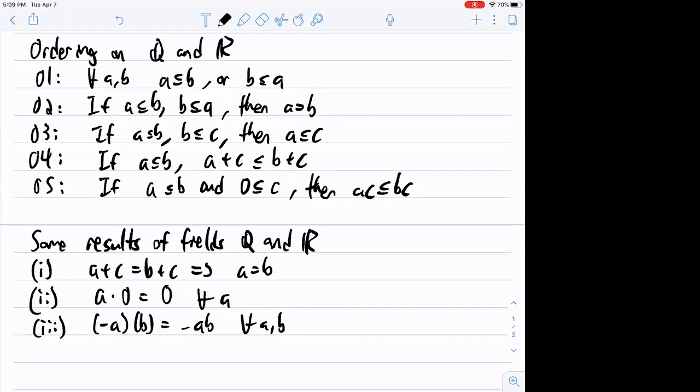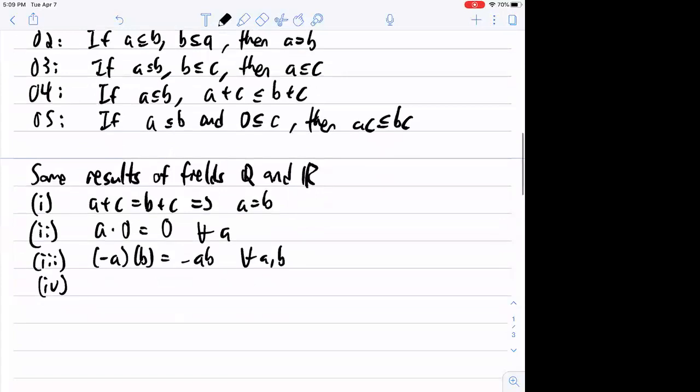Similarly, minus A times B is just the number where if you add AB to it, you get 0. So there's no minus operation going on here. And similarly, this is true. And finally, we can cancel if C is not 0, right?